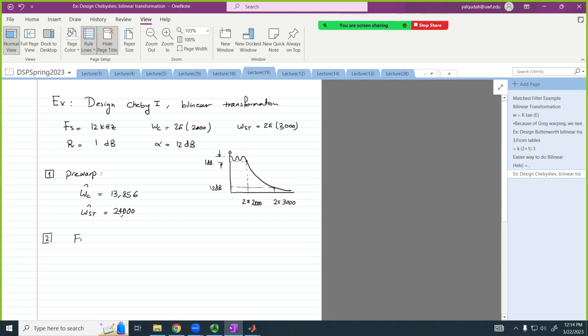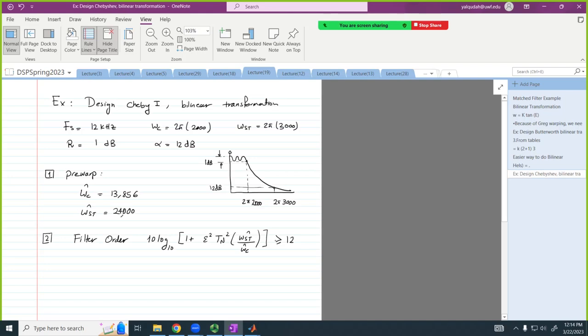Okay, we're going to determine the filter order. We want 10 log 10 of 1 plus epsilon squared Tn squared of omega stop hat over omega cutoff hat to be greater than or equal to 12.